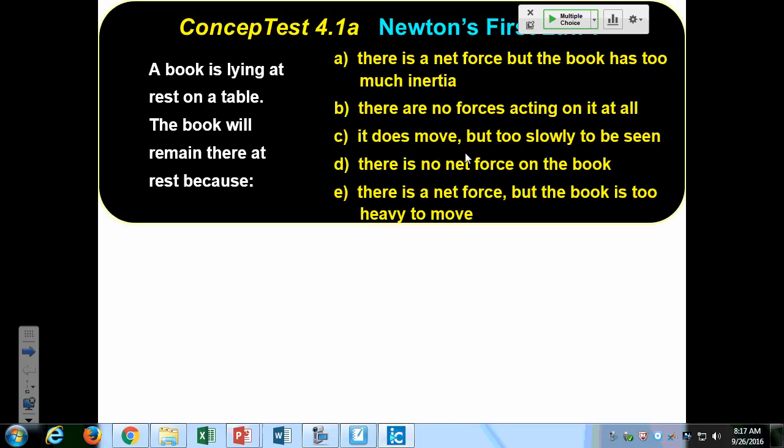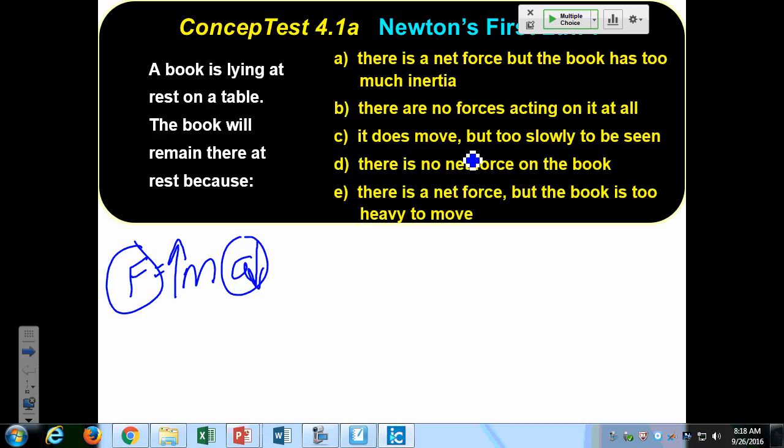If there is a net force, the object will accelerate. Now, the amount of acceleration is given by the mass, so I know from the second law, F equals m times a. If there's a net force, I will have an acceleration. Now, if the mass is really big, I'm going to have a small acceleration, but nonetheless, I'll have an acceleration.